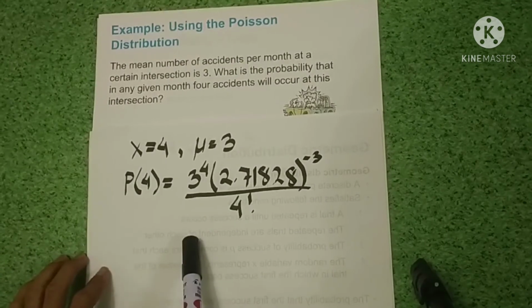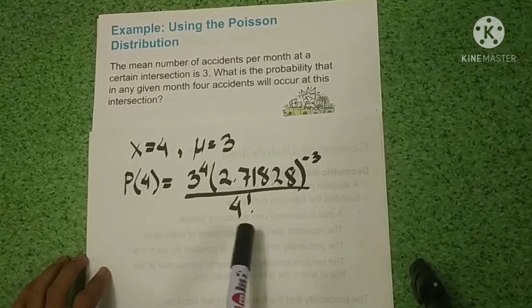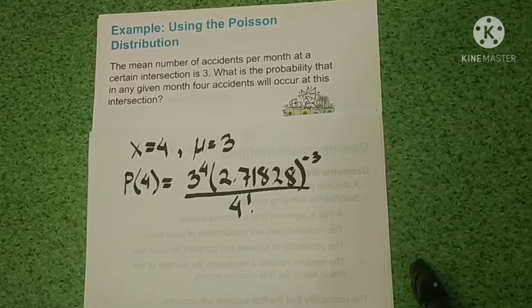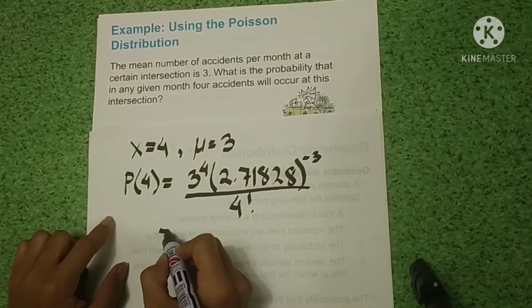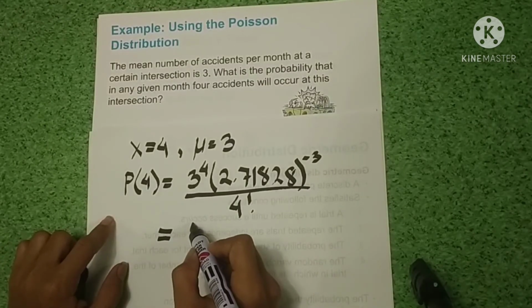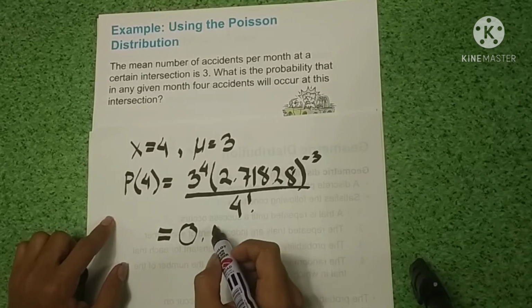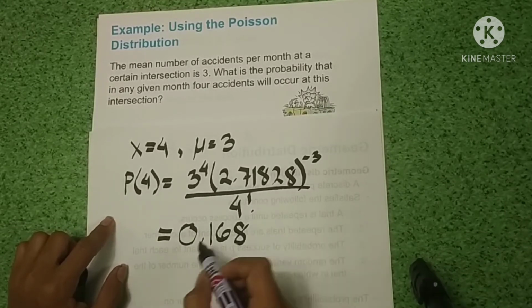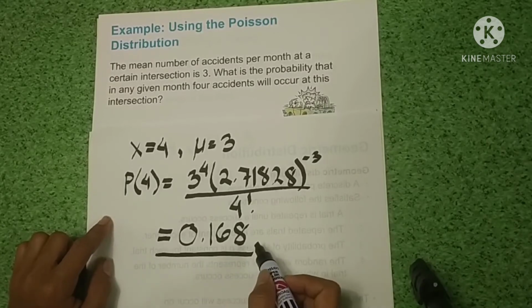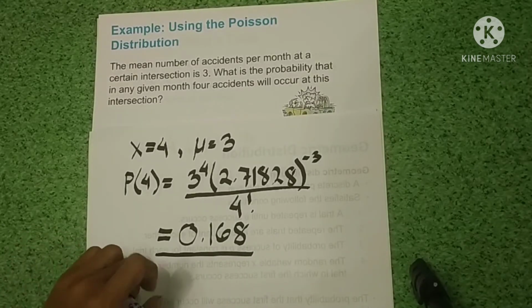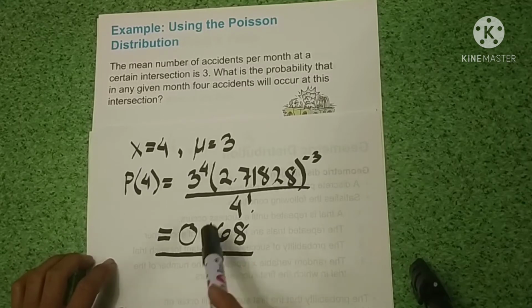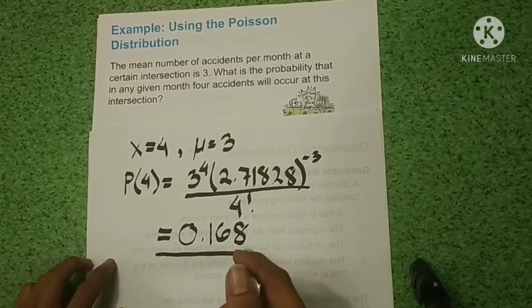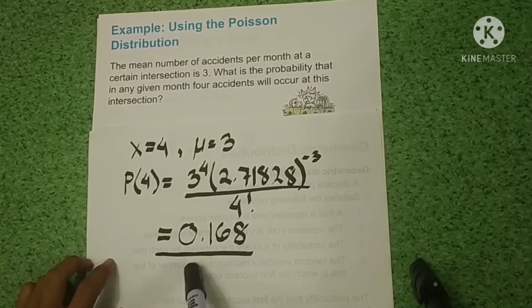Solving this using the calculator, the answer would be 0.168. Therefore, the probability that in any given month 4 accidents will occur at this intersection is 0.168.